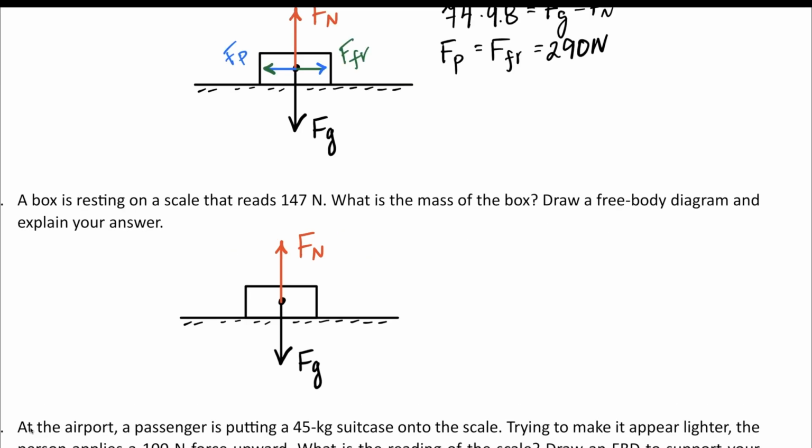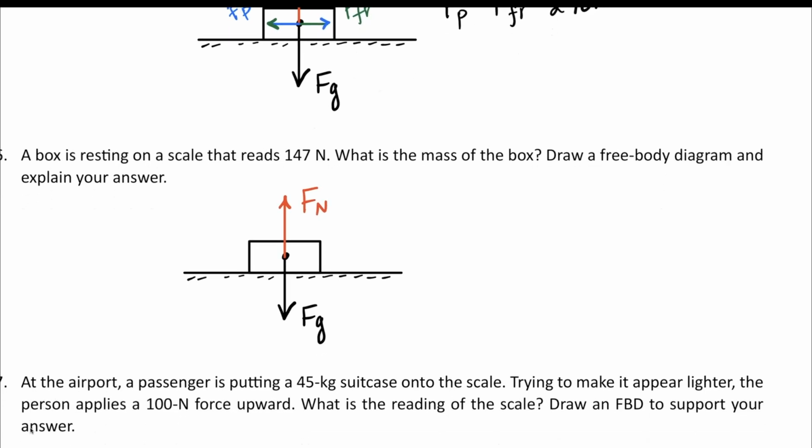In the next example, we have no pull or push and no friction. It's just sitting. We have a box resting on the scale. So this is the scale applying the force upward, and it reads 147 newtons. The question is, what is the mass of the box?